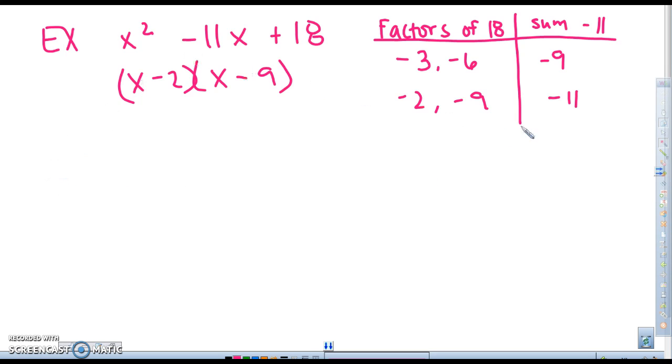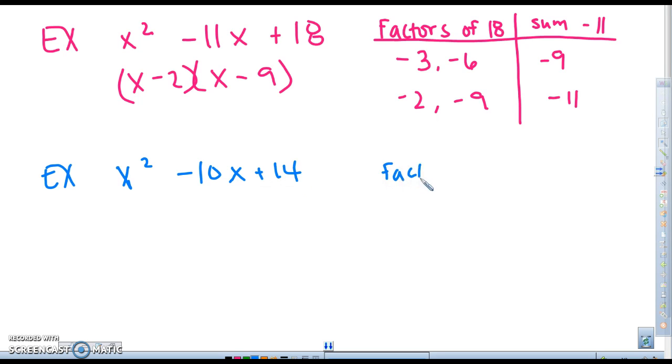So if you took those same steps, maybe you jumped straight to here and then you jumped in here, as long as you get the correct answer, that's what we're looking for. And I'm going to do one more example with you, just because it might be a special case kind of thing. Let's say I have x squared minus 10x plus 14.